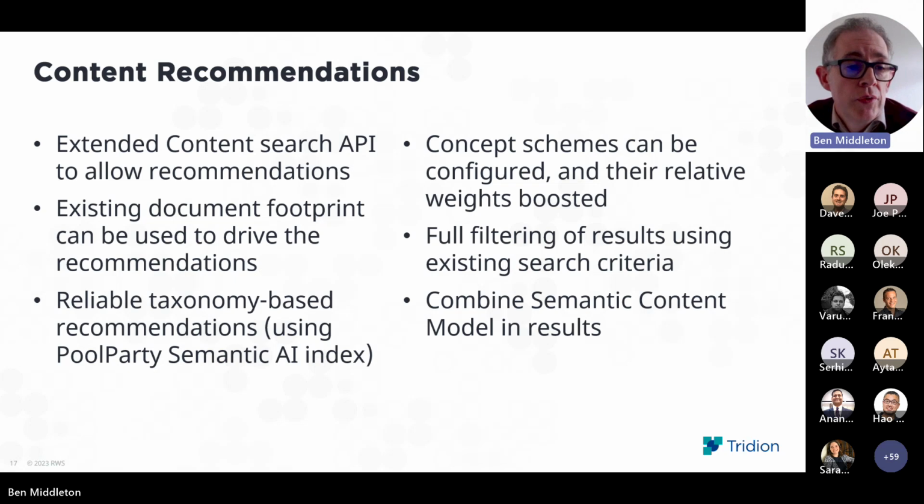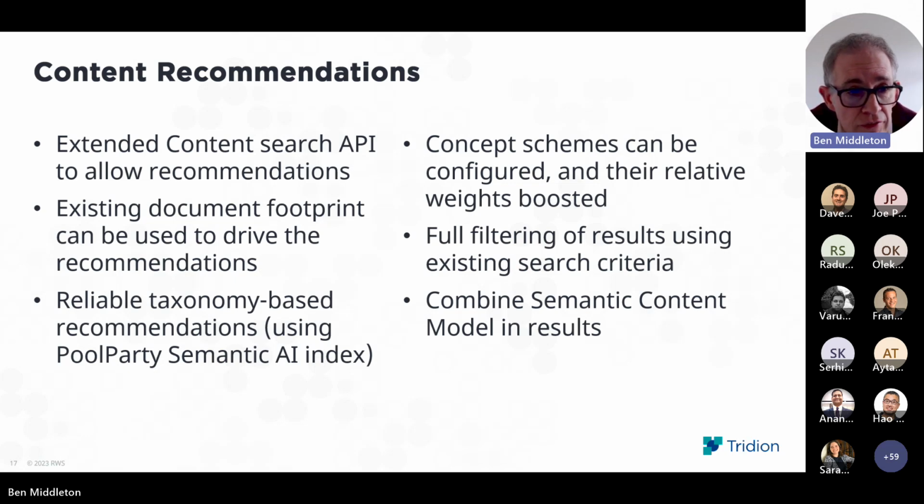In order to do that, we extended our existing content search API, and it allows you to include a new recommendation parameter. That parameter can take a number of options. You can give it an existing document or existing topic, for instance, and it will work out the footprint, which is essentially which tags are associated with that topic.